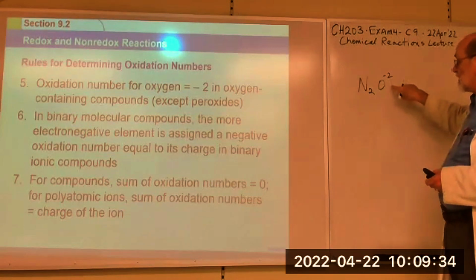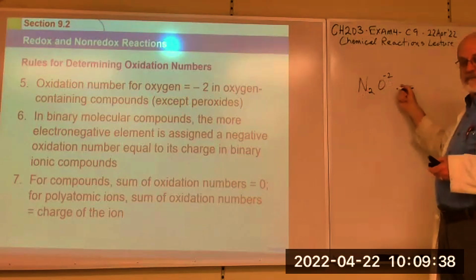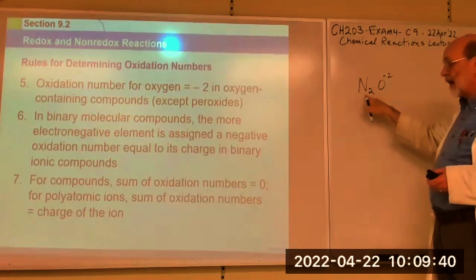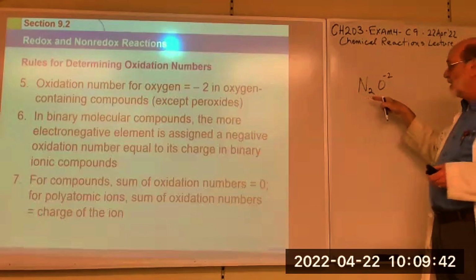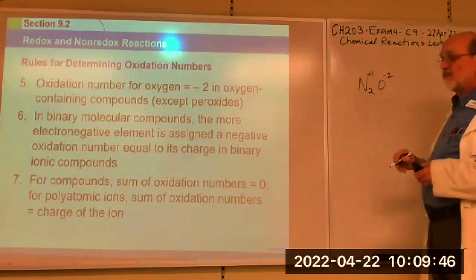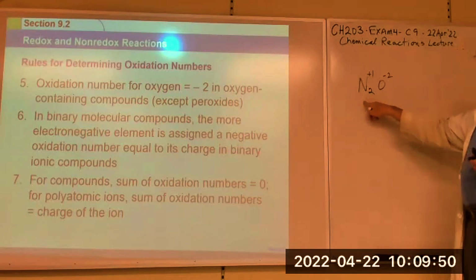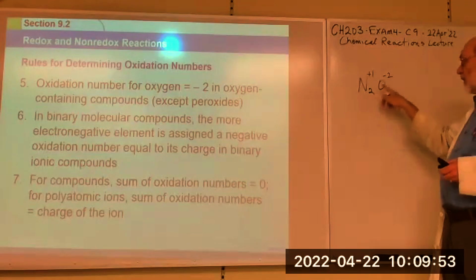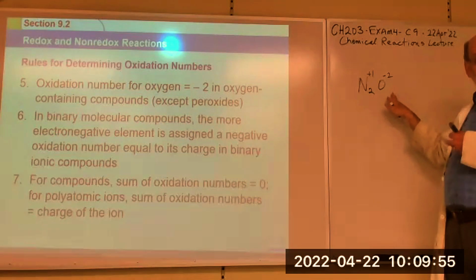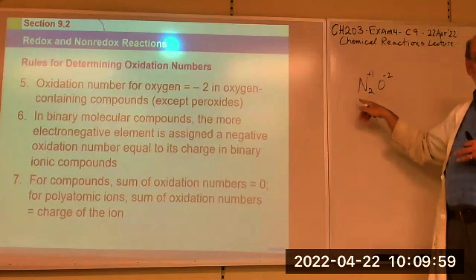Okay, so in this case, the negative is in the anion position. The nitrogen is in the cation position. And that means each nitrogen has to be +1. We don't know what nitrogen is, so we have to work with what the rules say oxygen is. Oxygen's -2, so nitrogen has to be a +1.